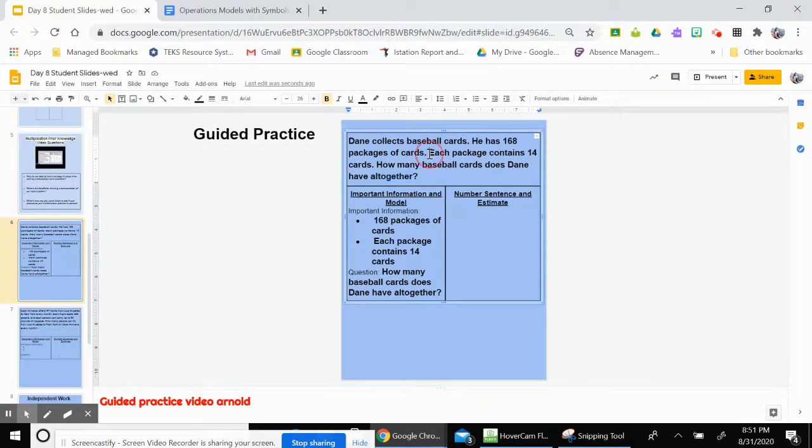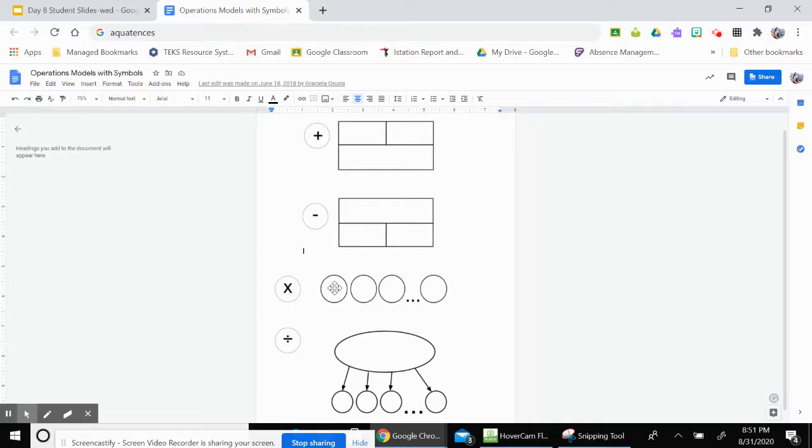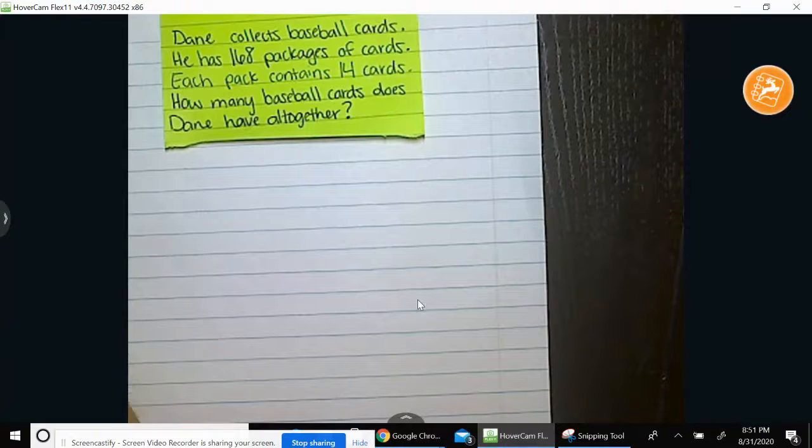And it also says each. Each package contains 14 cards. That tells me that I'm going to have equal groups, which would be multiplying or dividing. And I'm not taking things apart, I'm putting groups together to find a total. Because of that, I know I'm going to multiply, and I can start to solve my problem.